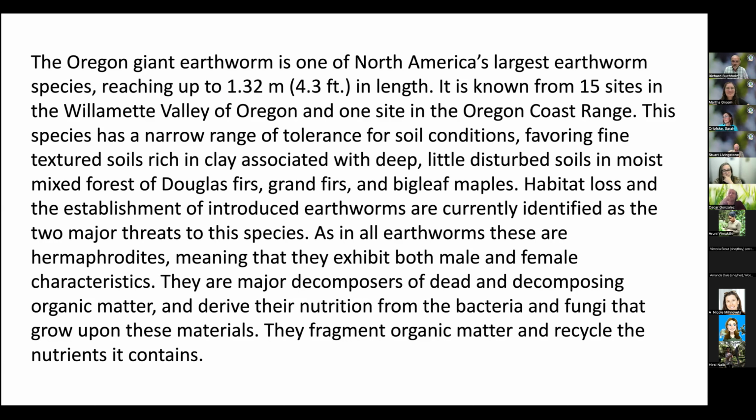It's only known from a limited area: the Willamette Valley of Oregon and the Oregon Coast Range. It lives on only certain kinds of soils, so it has a very specific habitat type, and it's associated in areas with certain kinds of trees. Habitat loss and invasive earthworms are a threat to the species.